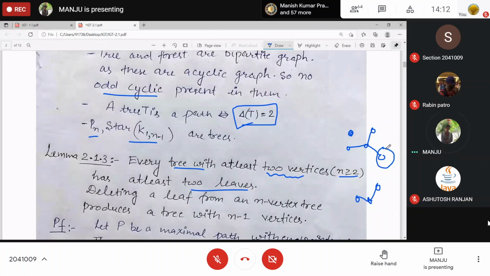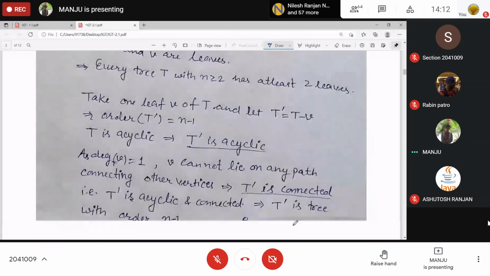Deleting a vertex does not form any cycle, and since you are only deleting a degree 1 vertex, you are not disconnecting the graph. That's why you end up with a tree with n minus 1 vertices.